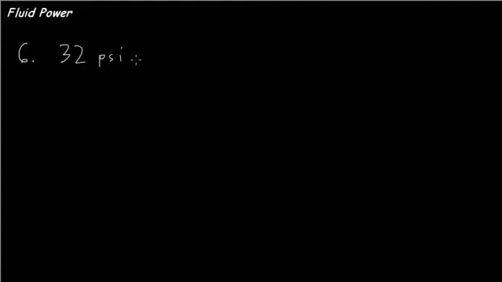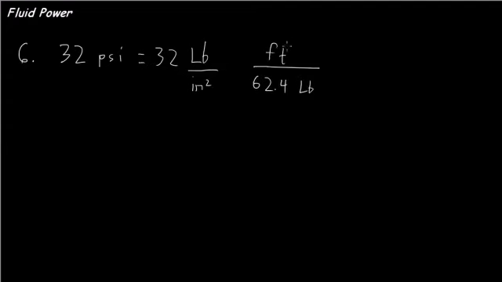So basically we need to convert this to a pressure measurement that measures height of water column. So remember, this is equal to 32 pounds per square inch. And I know the density of water is 62.4 pounds per cubic foot.